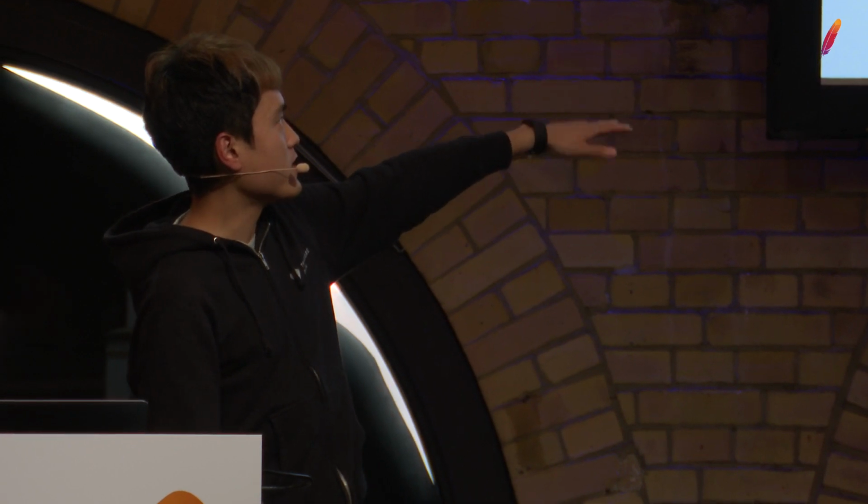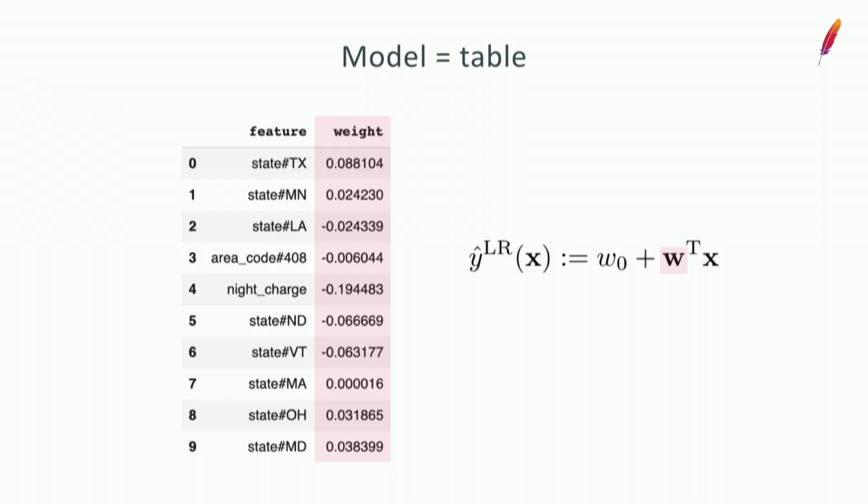Once you finalize the training, what you can see is a table. When you use Hivemall, a machine learning model is always represented in the form of a table because it originally comes from Hive, the data warehousing solution. What train classifier gives you is called a linear model, which is mathematically represented like the right-hand side of the slide, and inside Hive the table looks like the left-hand side of the slide.